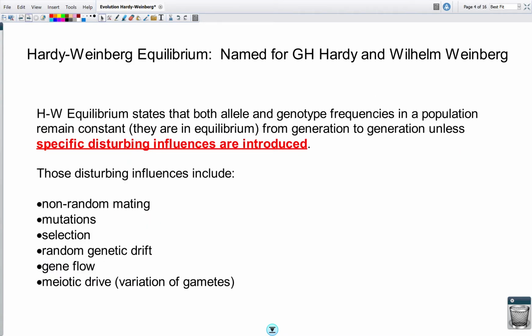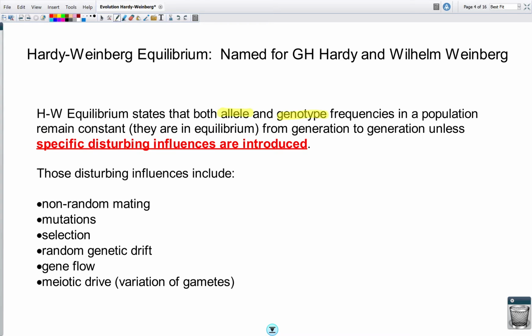The Hardy-Weinberg equilibrium was named after two statisticians who were interested in trying to simulate what happens to the frequencies of genes, alleles, and genotypes in a population if we remove all of the factors that influence evolution. There are a few factors that affect alleles and genotypes.